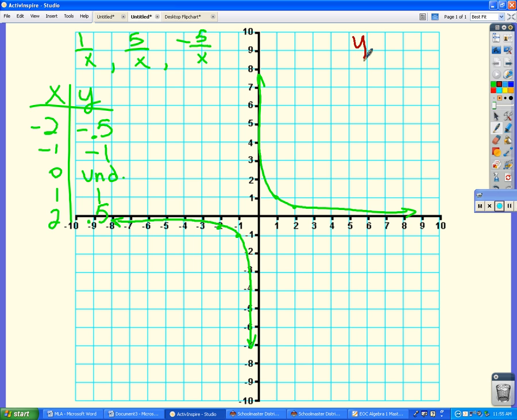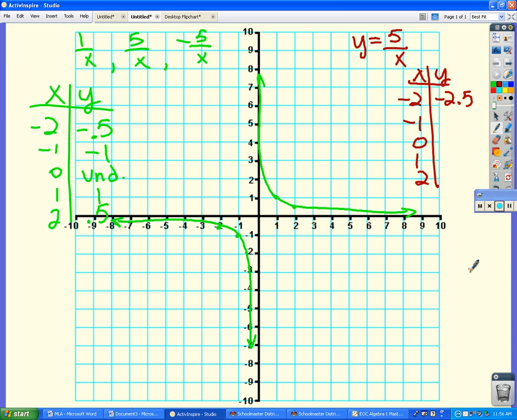Okay, so now let's take a look at the graph of the next one, y equals 5 over x. And so it's the same thing as we did with this one. You're going to plug in some different values of x there, -2, -1, 0, 1, 2. If I plug in -2, what's 5 divided by -2? 2.5, but it's going to be -2.5 because a positive divided by a negative is a negative.